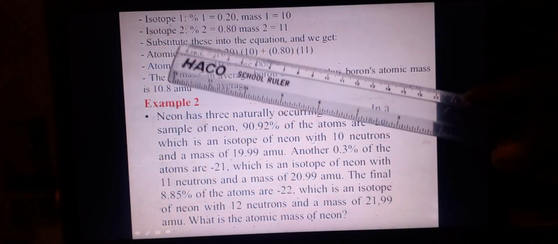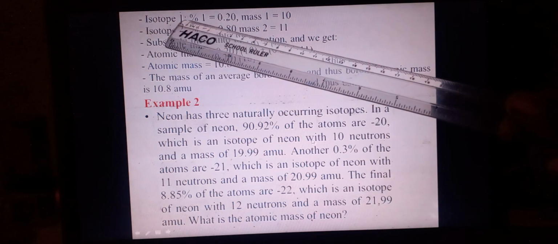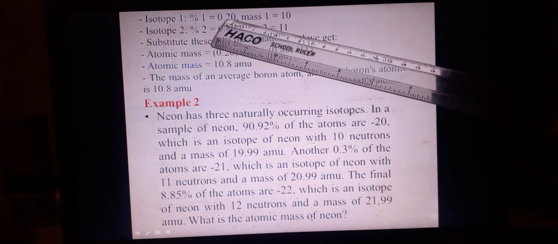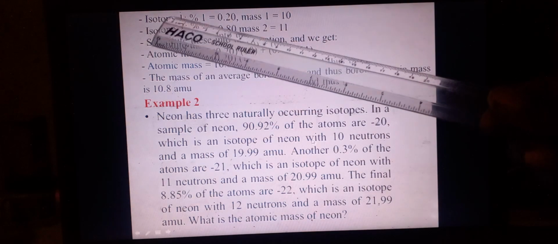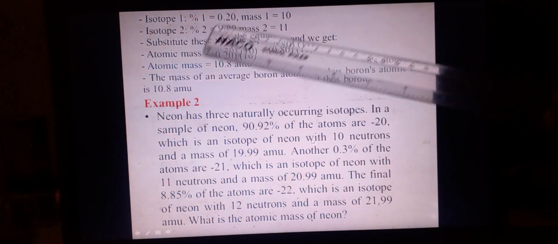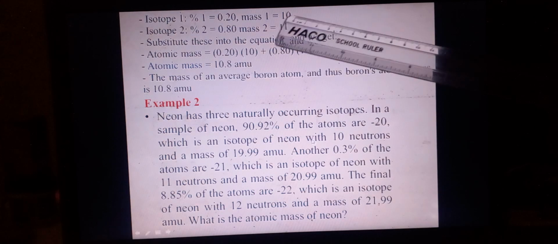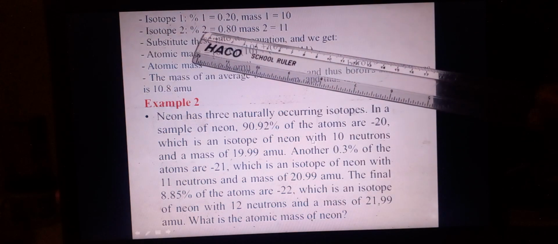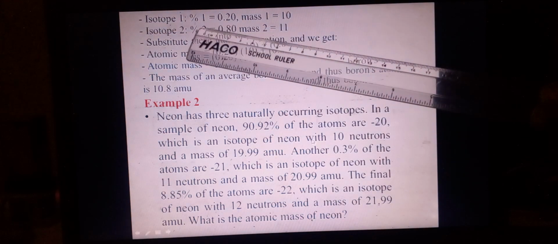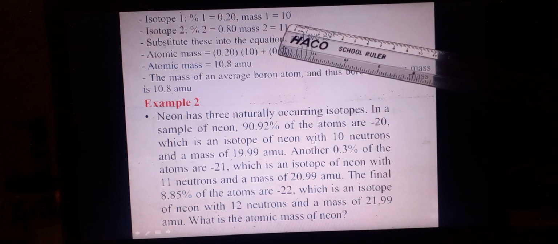From this working, for isotope 1, its percentage abundance is 20 over 100, which gives us 0.2, and the mass is 10. For the second isotope, its percentage is 80 over 100, which is 0.80, and the mass number is 11.